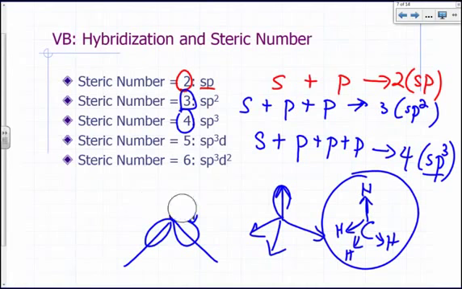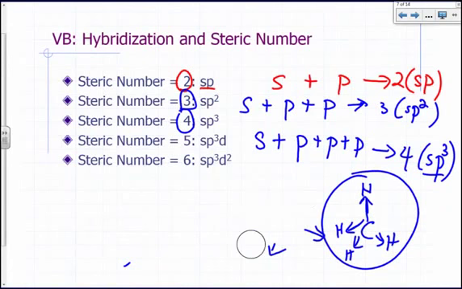For a steric number of 5, the geometry is trigonal bipyramidal. You have three electron domains oriented 120 degrees apart, and those are your equatorial groups, and then you have 2 axial groups.